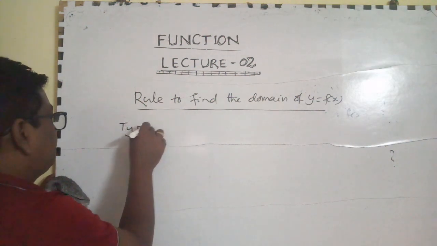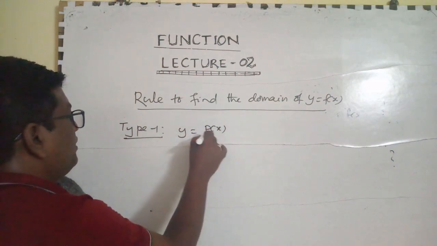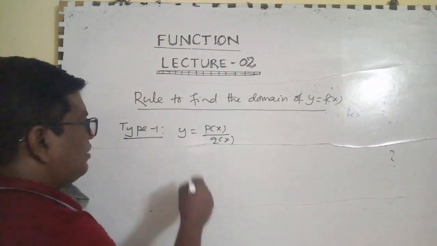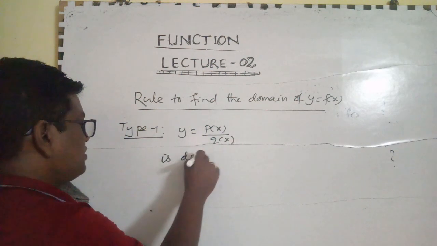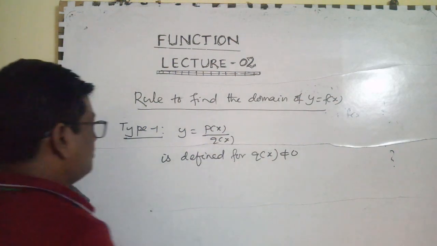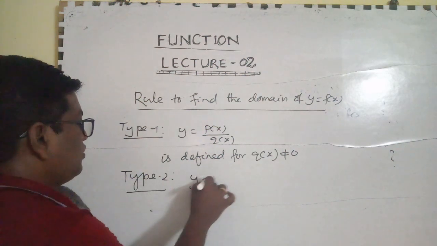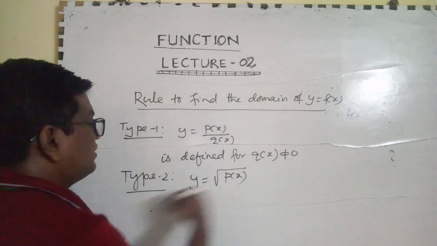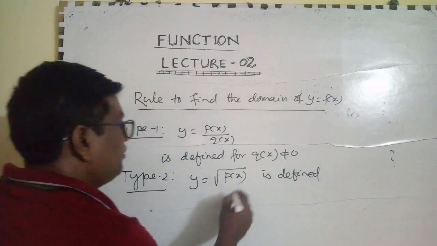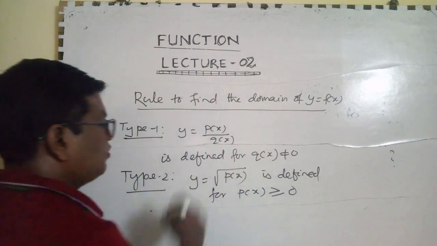Type 1: y equal to px by qx is defined for qx not equal to 0. Type 2: y is equal to root px is defined for px greater than or equal to 0.